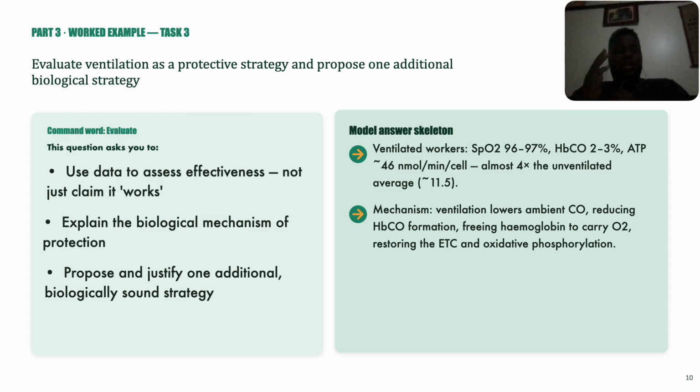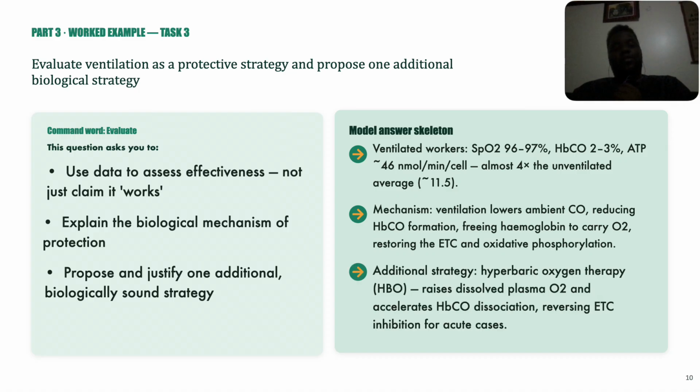Remember, we have what is happening, what is the strategy, and is it effective? Then you're telling us why that strategy is effective, and then you provide to us an additional strategy.